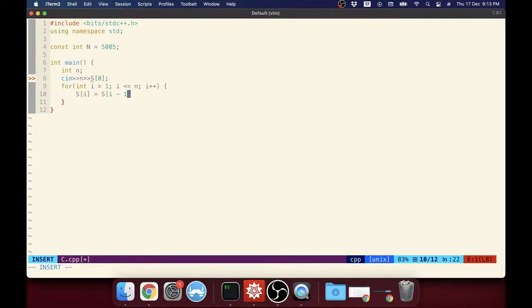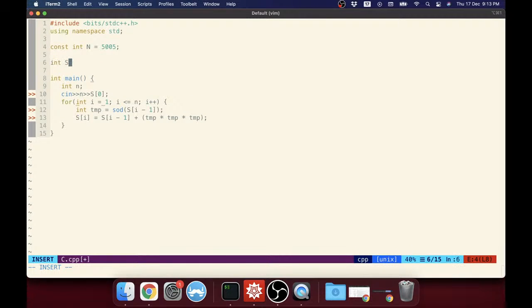Si is equal to si minus 1 plus sod of si minus 1 cubed. So let's actually do this. tmp is equal to sod of si minus 1. I'm just getting the sum of digits and then manually cubing it here. It's slightly slow, but who cares? It's just cubing, so you don't have to call the power function if you don't want to.